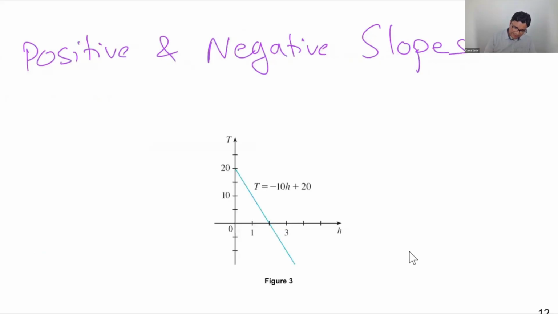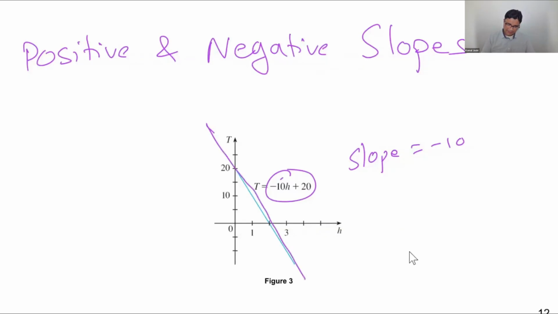If the slope is negative, like this line here, negative 10x plus 20, so its slope is negative 10, then what happens? The line will be tilted toward the negative x-axis. So the moment you see a line graphically, you can figure out whether it has positive slope or negative slope.